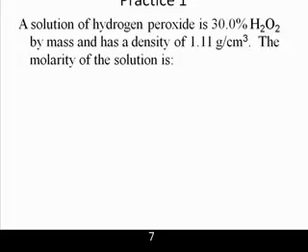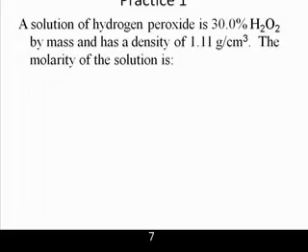Here we have hydrogen peroxide that is 30% by mass and has a density of 1.1 grams per cubic centimeter. What I like to do on this is break the units into pieces. These are defining ratios, and whatever conversions we make, those ratios have to hold true.